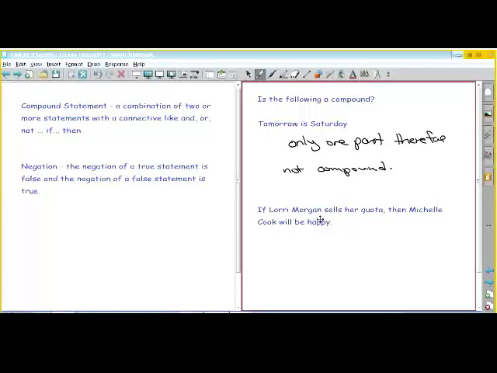Whereas the second one, if Lori Morgan sells her quota, then Michelle Cook will be happy. So we have one statement here, we have a second statement there. It's connected by this if-then arrangement. Because there's more than one part, and because we have if and then, this is a compound statement.